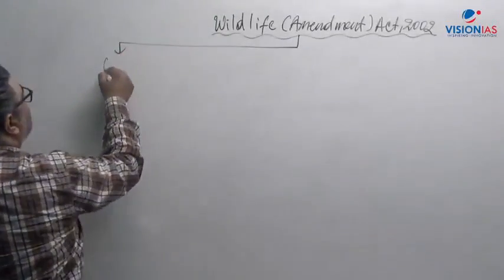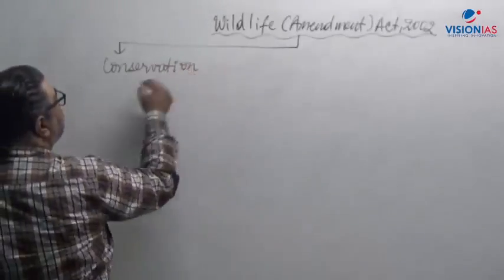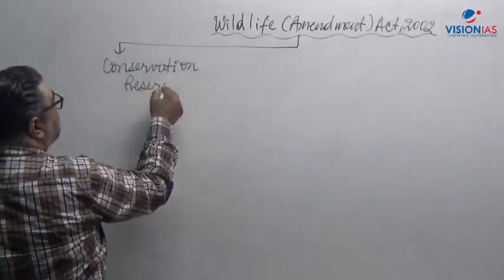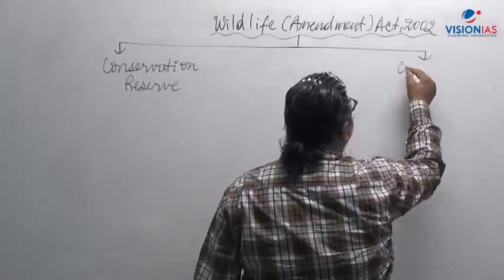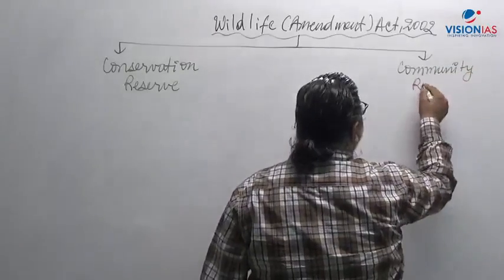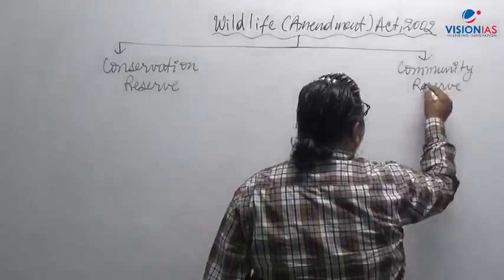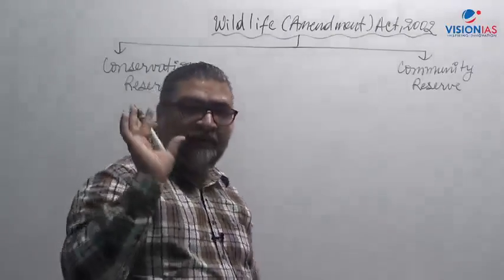One is called conservation reserve, please write this in your class notes, and the second is a community reserve. Please copy this. It's a very small topic.